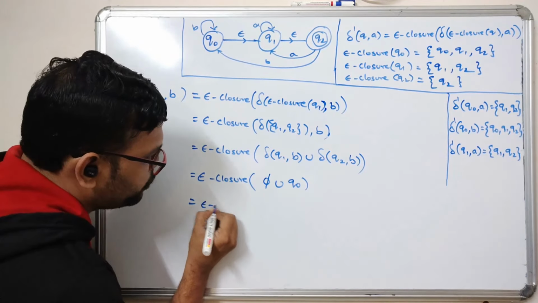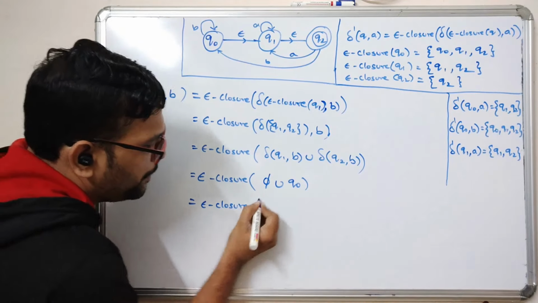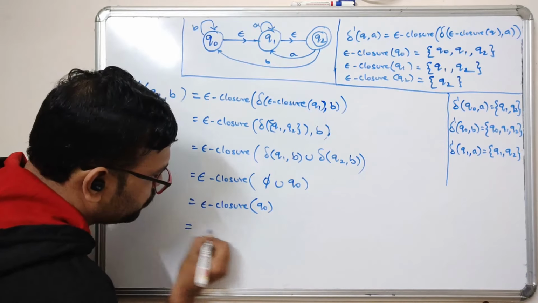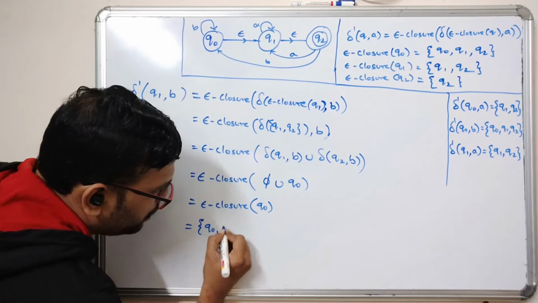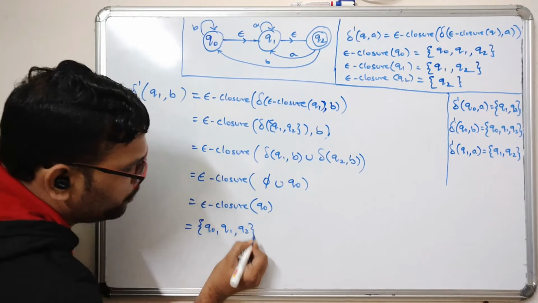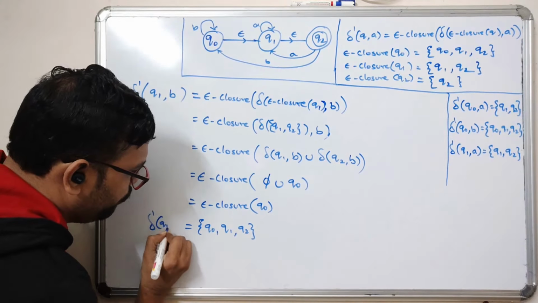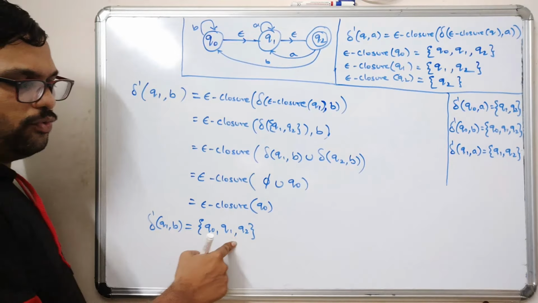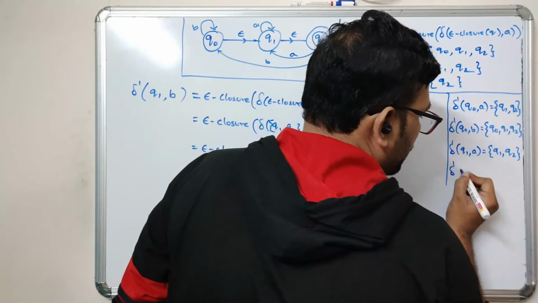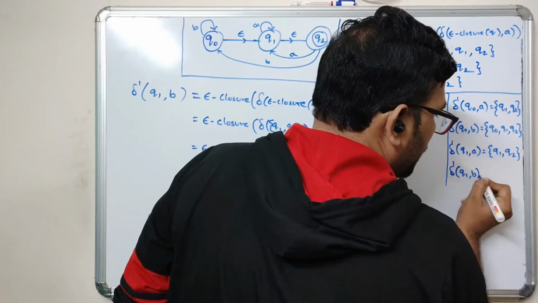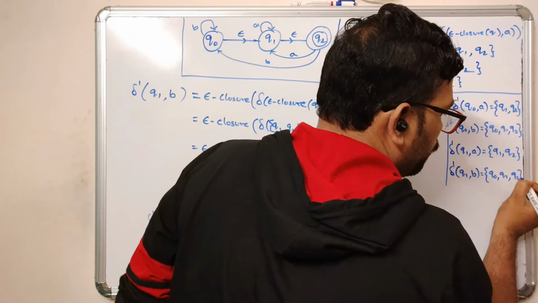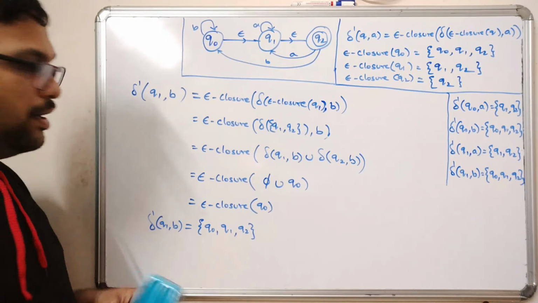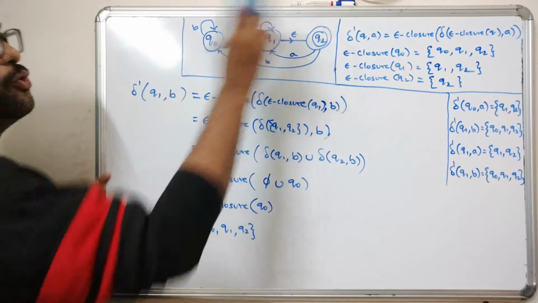Now you can see epsilon closure of Q0 is Q0, Q1, Q2. So delta function of Q1 on B is Q0, Q1, Q2. So note down here: delta of Q1 comma B is equal to Q0, Q1, Q2. Right? Now let us check with the Q2.